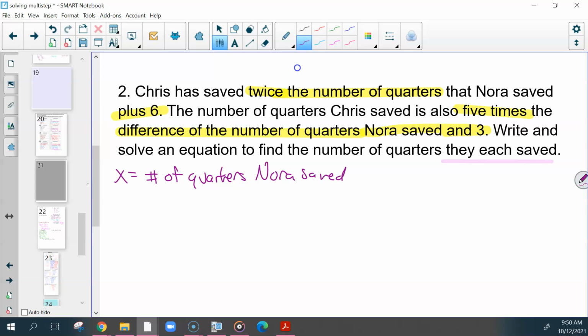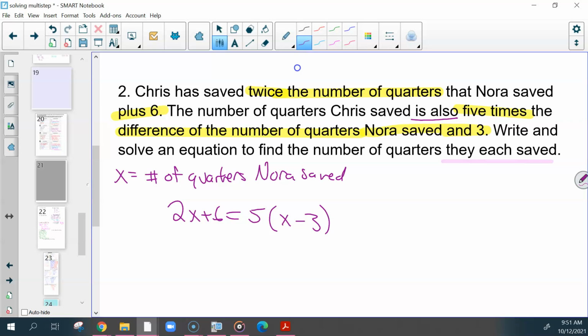How would we write that part? 2x plus 6. Then it says is also 5 times, so it's going to be equals, and then 5 times the difference of the number of quarters saved and 3. How would you write that part? 5, and then parentheses, x minus 3.